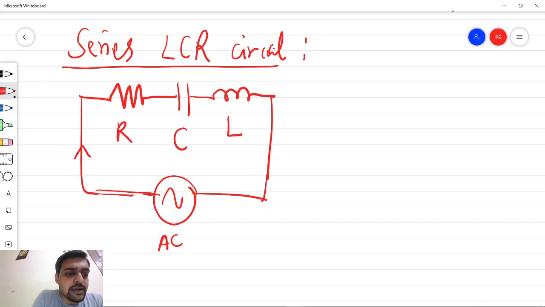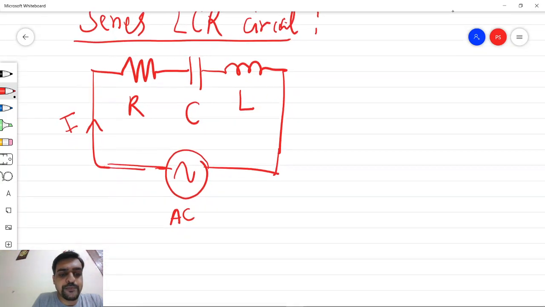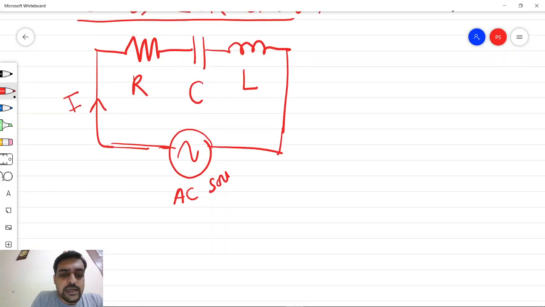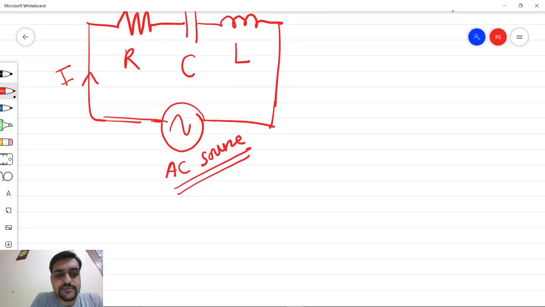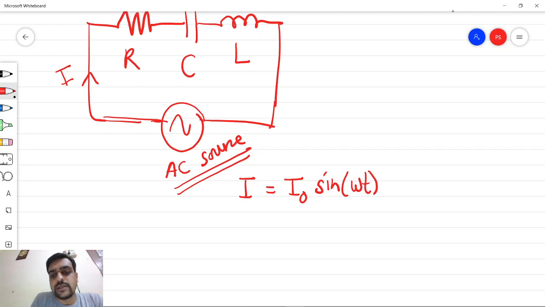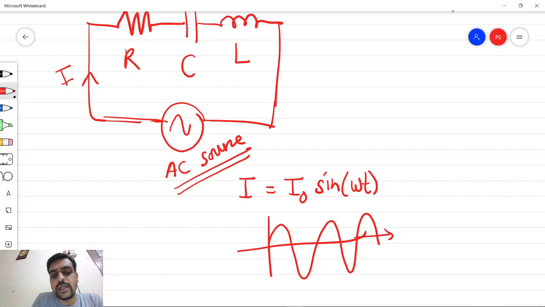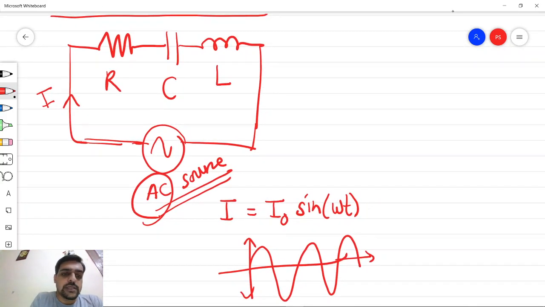So let us say current flowing through the circuit is I, and since the current is alternating or AC, let this I be equal to I0 sine of omega t. So this is a sinusoidally oscillating current, which is commonly called as alternating current. Suppose V is the voltage of the source.